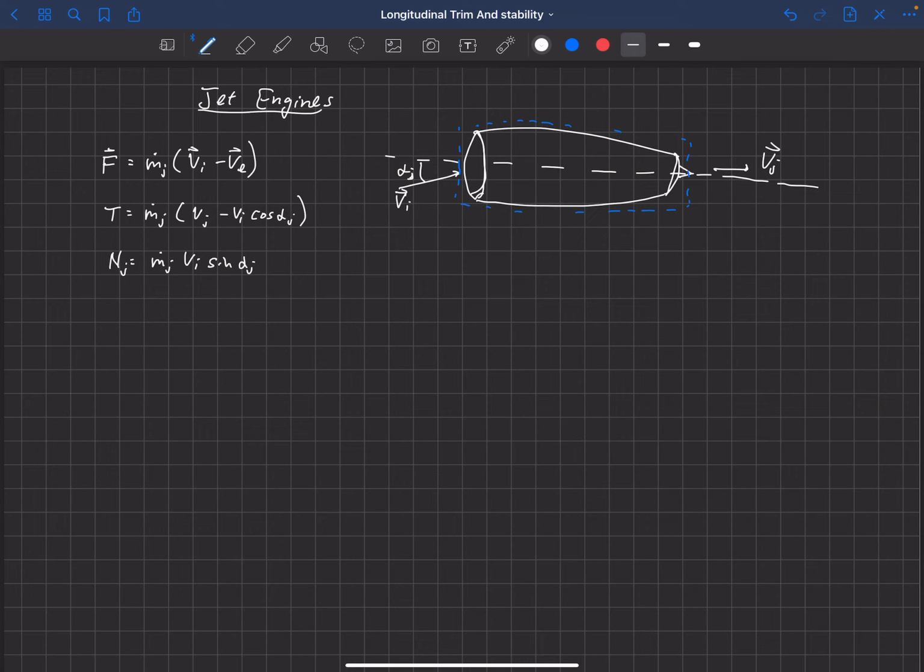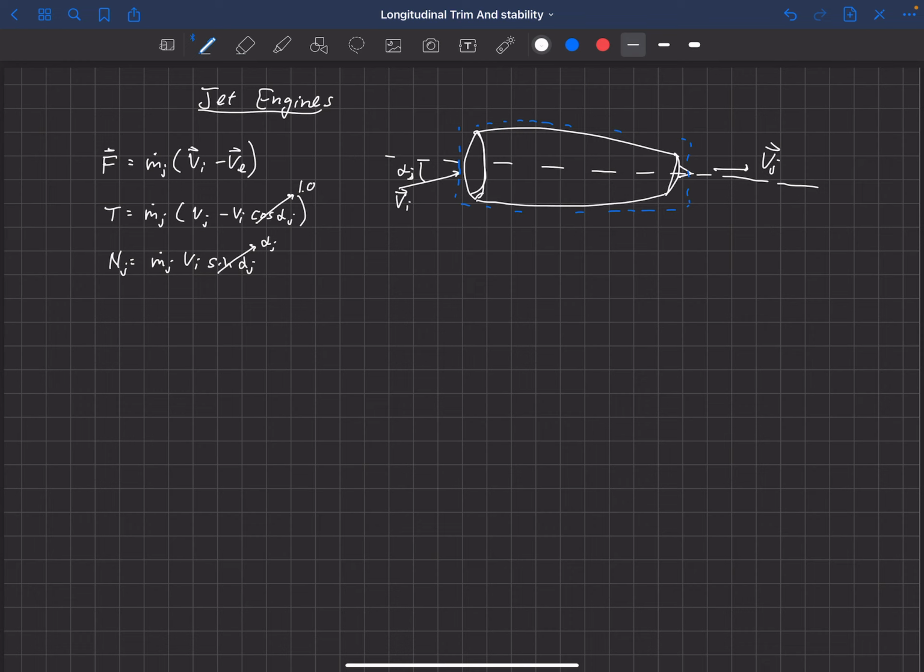Okay, so we can boil these down to the thrust and the normal, where the thrust is the force along this axis, and the normal is the force perpendicular to this axis in the direction of our angle of attack change. We're going to use a small angle approximation and say that this is basically alpha sub j, and that this is basically 1.